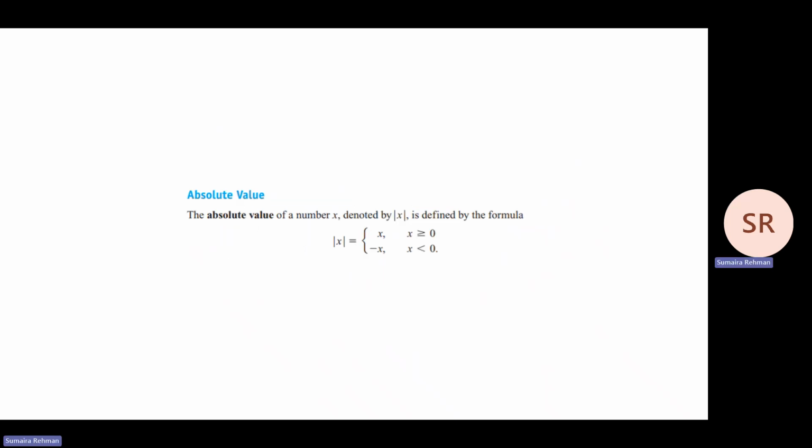Now, what is the absolute value? The absolute value of a number x is denoted by this symbol. I told you already that absolute value in mathematics refers to the distance of a number from zero, or the origin, on a number line, and it is always a positive value.